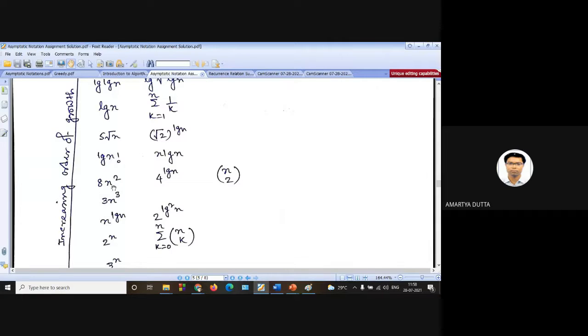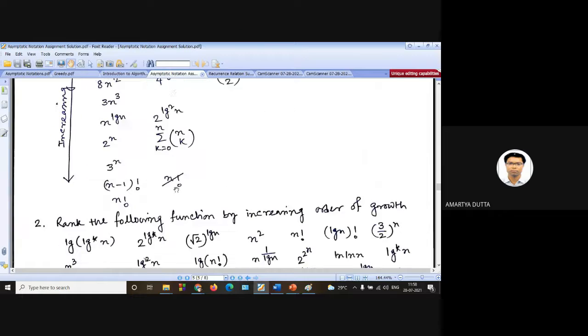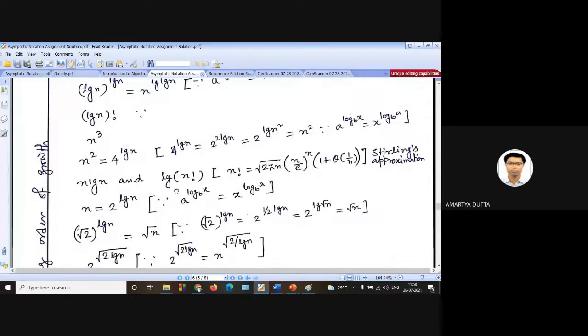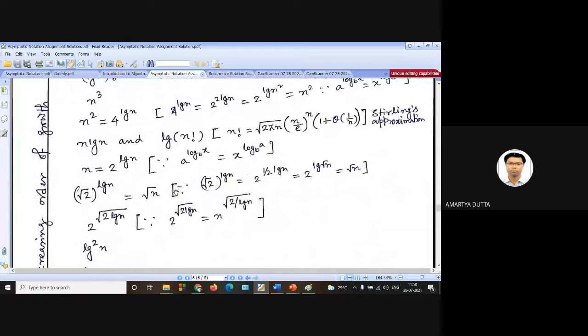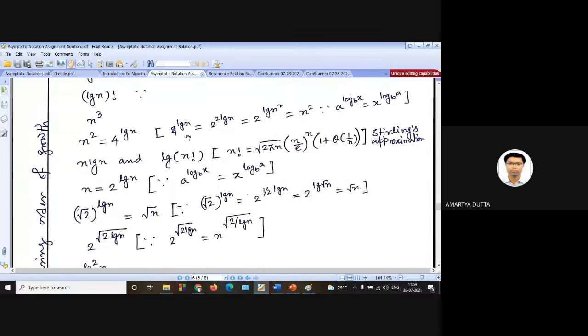Now n square and 4 to the power log n have the same growth. Why? 4 to the power log n is 2 square log n, that is 2 to the power log n square, that is n square.